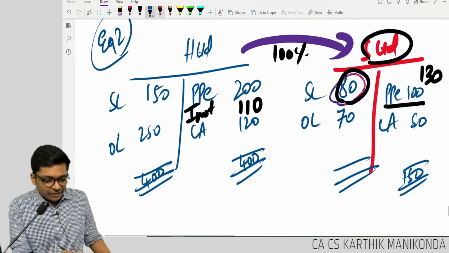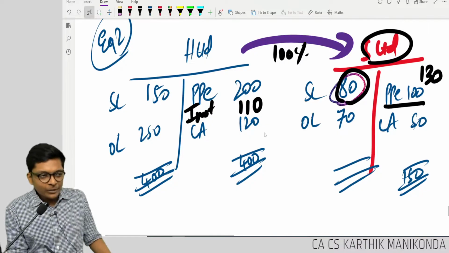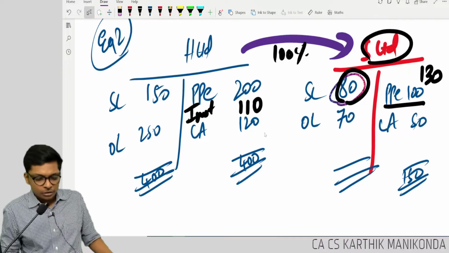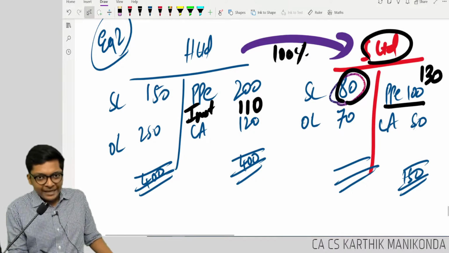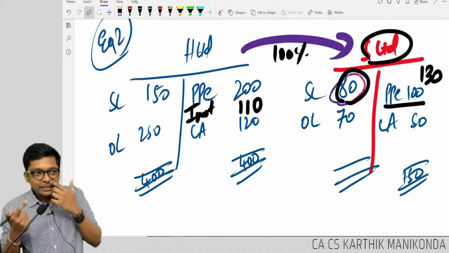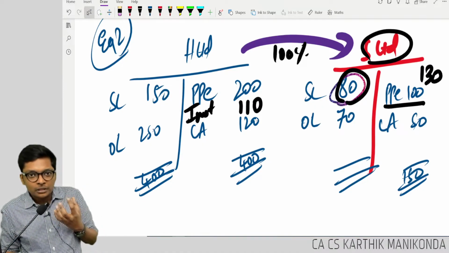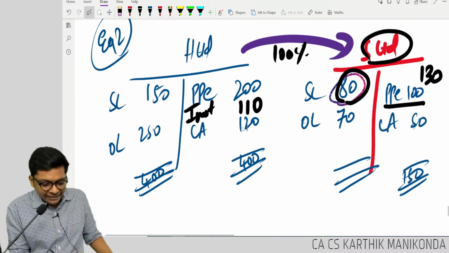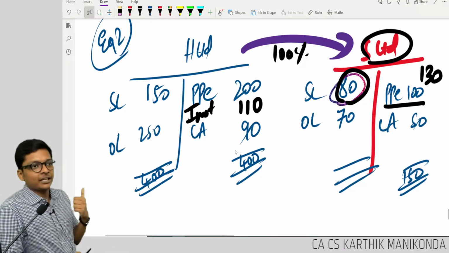Sir, if I pay 110, how will the balance sheet tally? It's not tallying on my asset side. So if you paid 110, you paid 30 more. That means what should reduce? Your cash will reduce. So instead of 120 current assets, it will be 90. Now it will tally. Are you following?